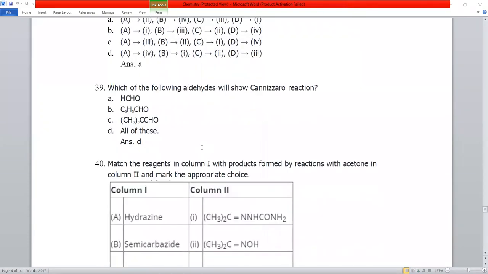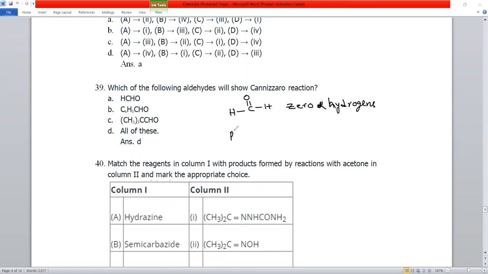Next, question number 39. Which of the following aldehydes will show the Cannizzaro reaction? For the Cannizzaro reaction, alpha hydrogens must be absent. This is formaldehyde, with zero alpha hydrogens. Benzaldehyde also has zero alpha hydrogens.